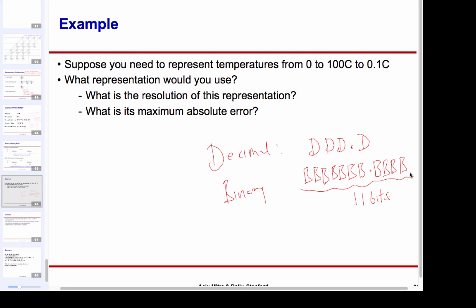So you can think of it as I have an 11-bit number, but we'll always mentally imagine that this whole thing has been divided by 16, and keep track of this. So we can add temperatures, we can subtract temperatures. If we multiply temperatures, then the temperature squared will have a weight of what?